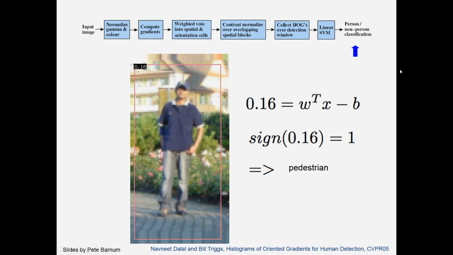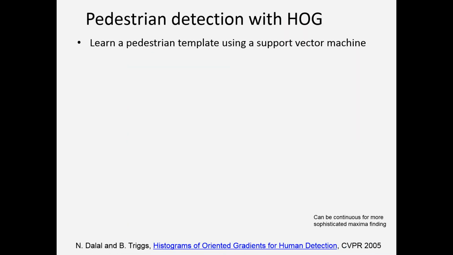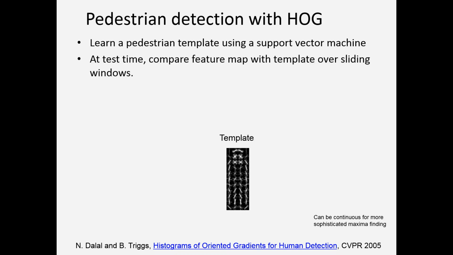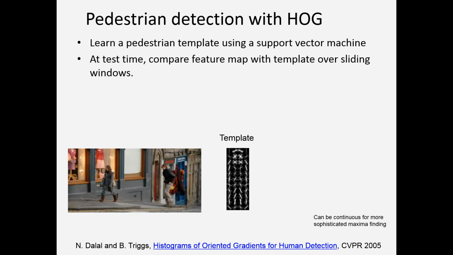After you train the weights, say here is an example: these are the computed features, this is the trained weight and the bias term, and you get a positive value. Then you say, okay, that's a pedestrian, there's a person there. That's basically it for HOG. In the sense that you're trying to learn these templates using SVM.